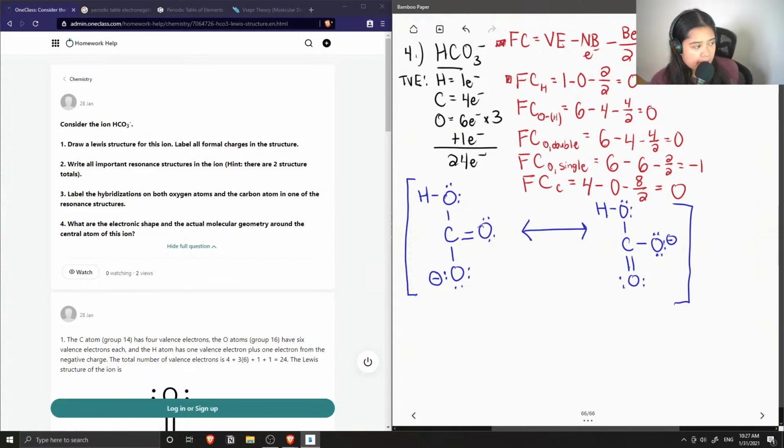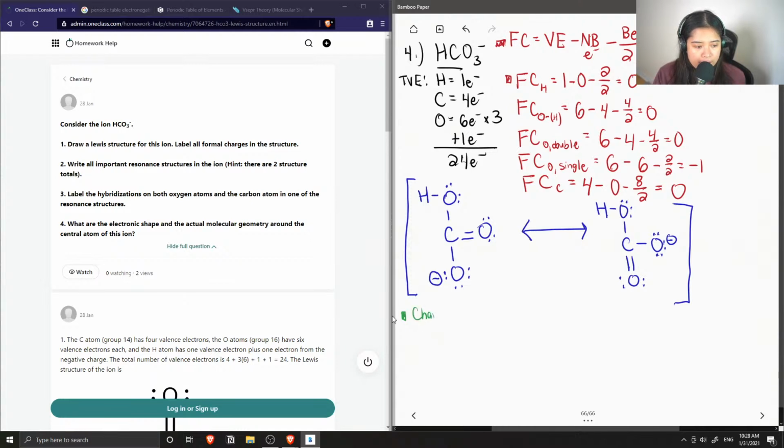And now we need to label the hybridizations on both oxygen atoms and the carbon atoms in one of the resonance structures. So let me write out on the side here the different charge clouds and whether or not they are sp, sp2, or sp3.